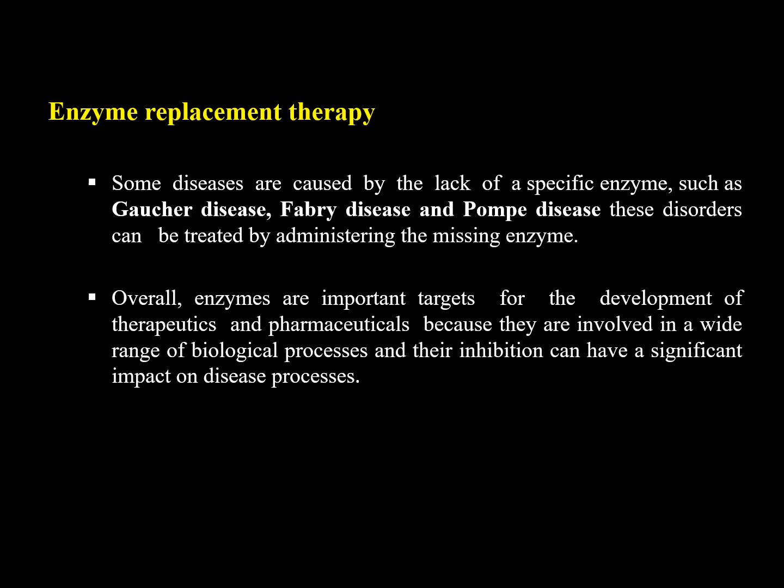Finally, let us learn about enzyme replacement therapy. Some diseases occur because the body lacks a particular enzyme. In such cases, the missing enzyme can be given as treatment. Examples include Gaucher disease, Fabry disease, and Pompe disease.